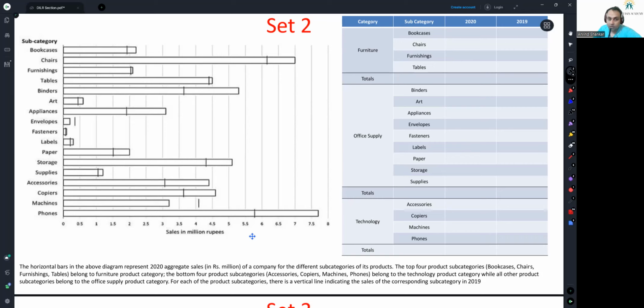Let's look at bookcases 2020 data. It is between 2 and 2.5, but not exactly in the middle, so I will go 2.4-ish. And this is slightly less than this, so I will go 1.9-ish. Chairs goes up till 7, and 2019 data goes up till 6.15.